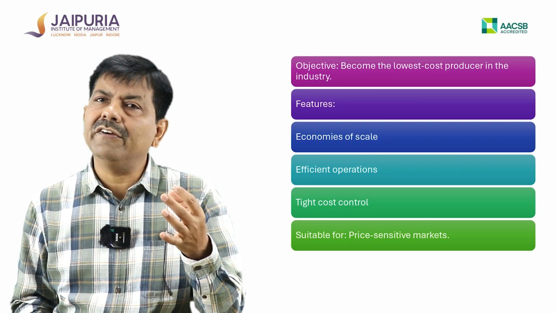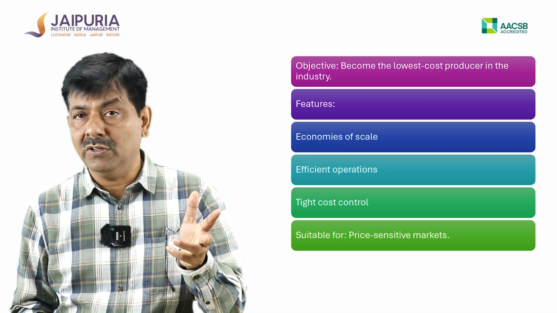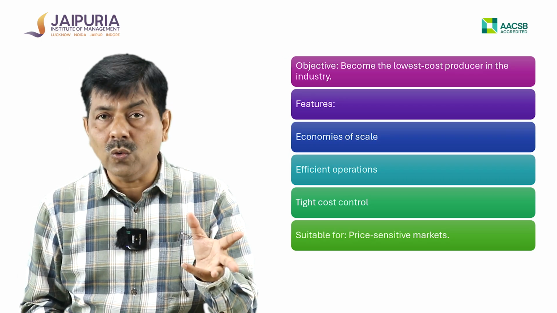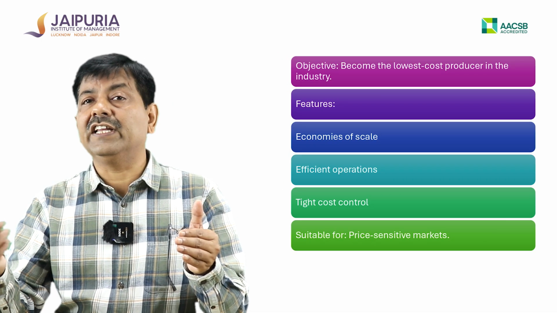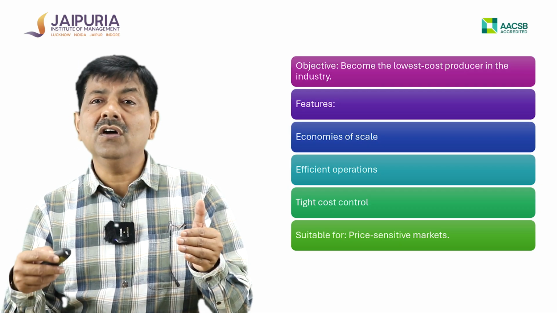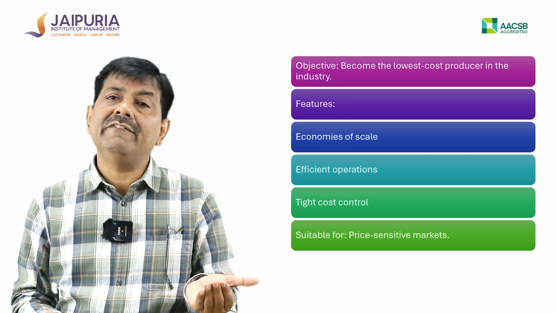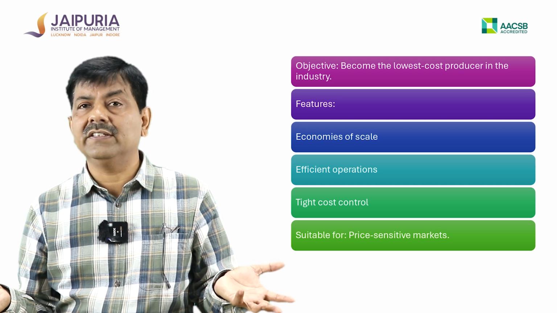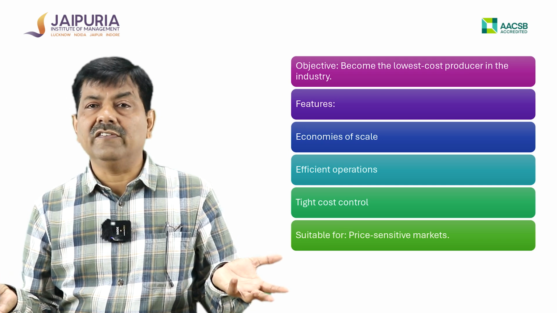Secondly, you can have a very efficient operation system where your spillage cost is very low. As a result, your efficiency is very high and you are reducing your cost. Third, you have total control on your cost centers, that means tight cost control. As a result, your cost of production is very low.